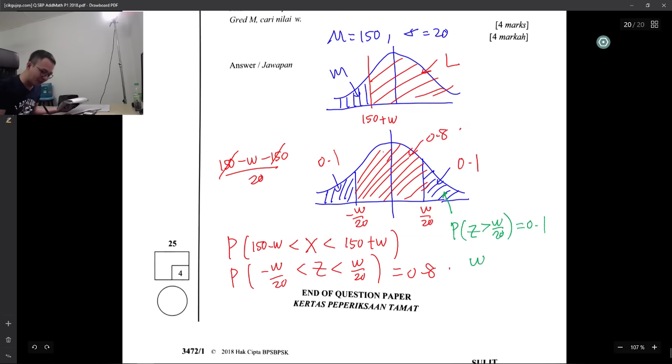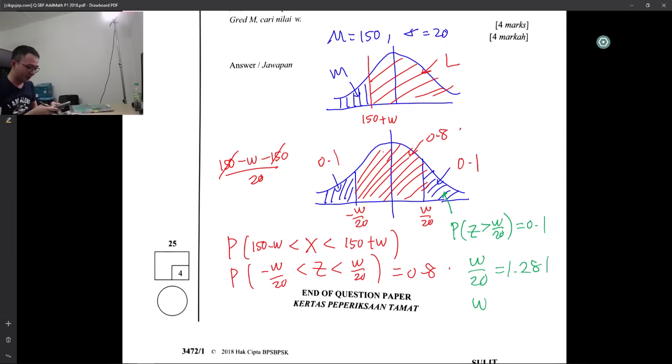So W over 20 equals 1.281, therefore W equals 1.281 times 20. My final answer is 25.62. Okay, so this is how I do the last question.